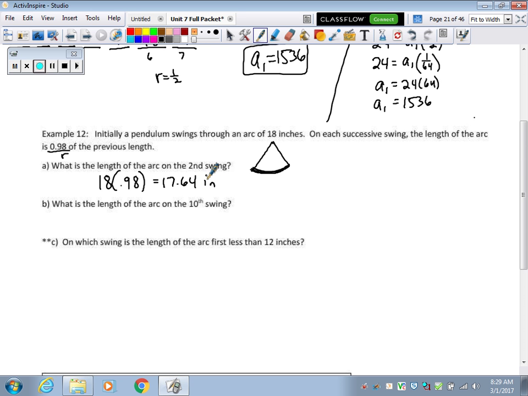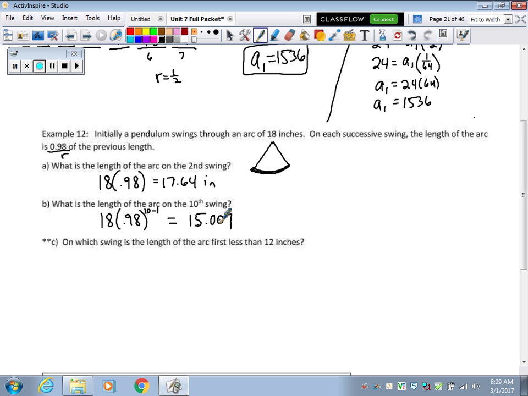Okay, on the 10th swing, so how many times am I multiplying it by 0.98? Remember, this was the second swing. So on the 10th swing, I need to multiply it by 0.98 9 times. So that's going to give you 15.007.